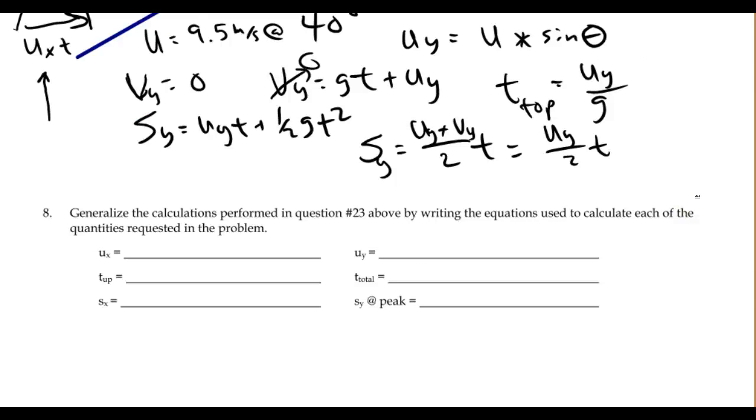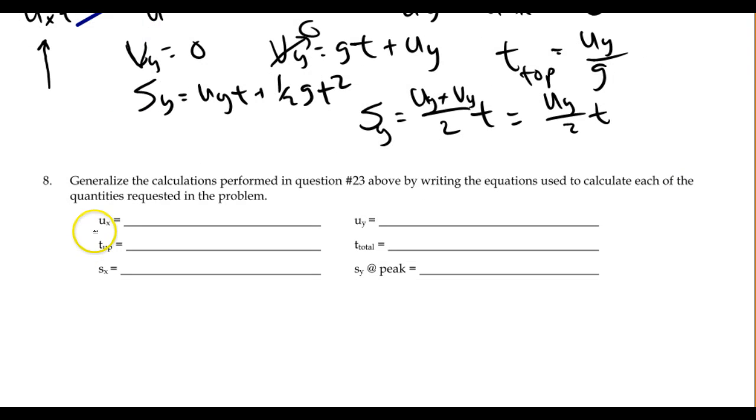Okay, so as a generalization then, Ux is always going to be the overall velocity times the cosine of theta. Uy in general is going to be U times the sine of theta. Now, that's not necessarily always true depending on what kind of angle you're given, but in general, that's going to be true. The time to the top is going to be based on the fact that at the top, our velocity is going to be 0 in the y direction.